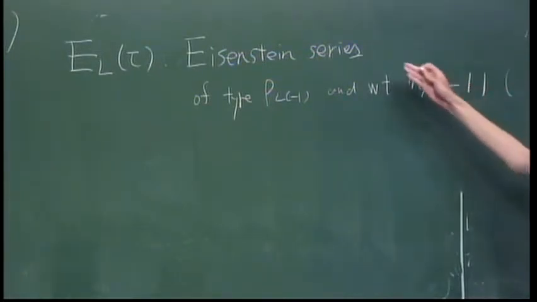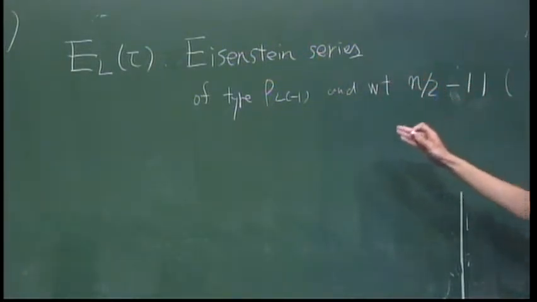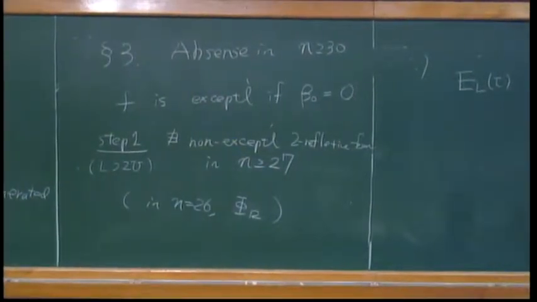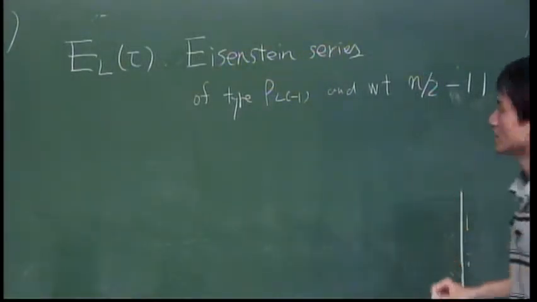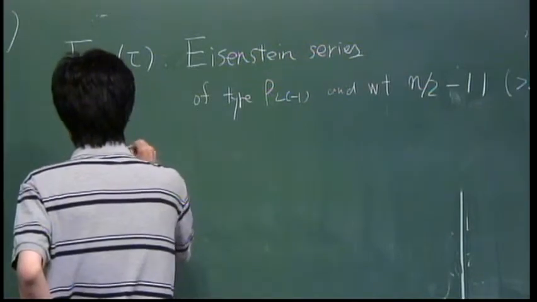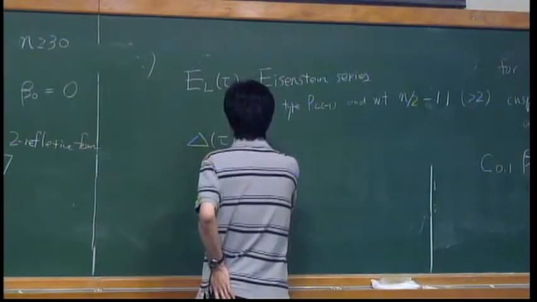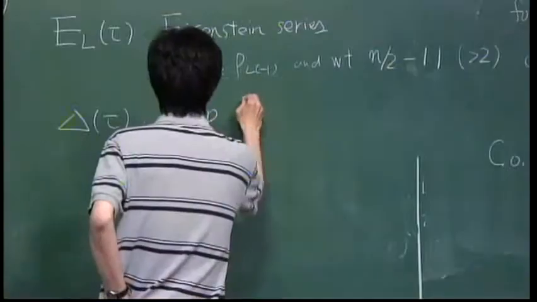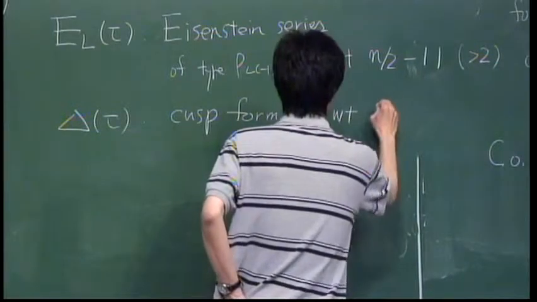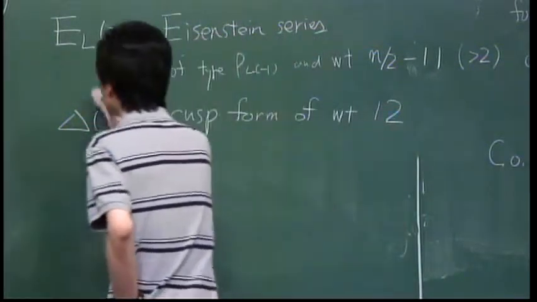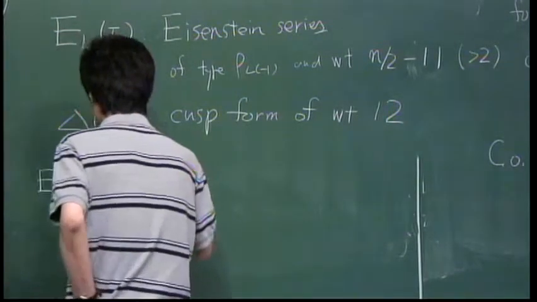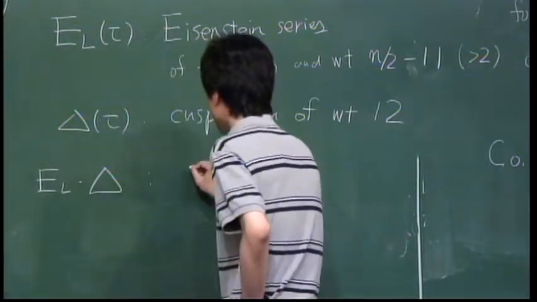And this Eisenstein series converges because of the condition on the dimension. This is greater than 2, so EL tau converges. And also consider the classical scalar valued cusp form of weight 12. So take their product, then EL times delta is a cusp form.